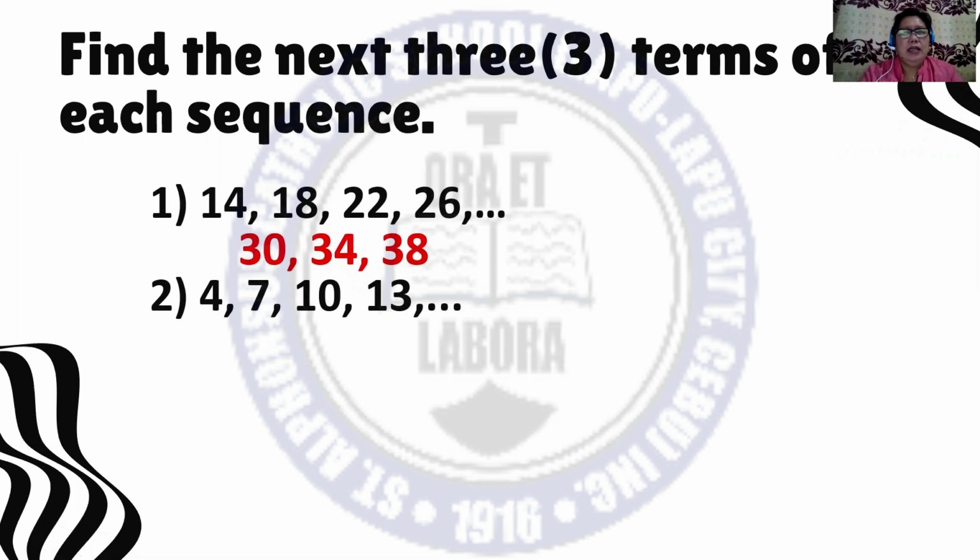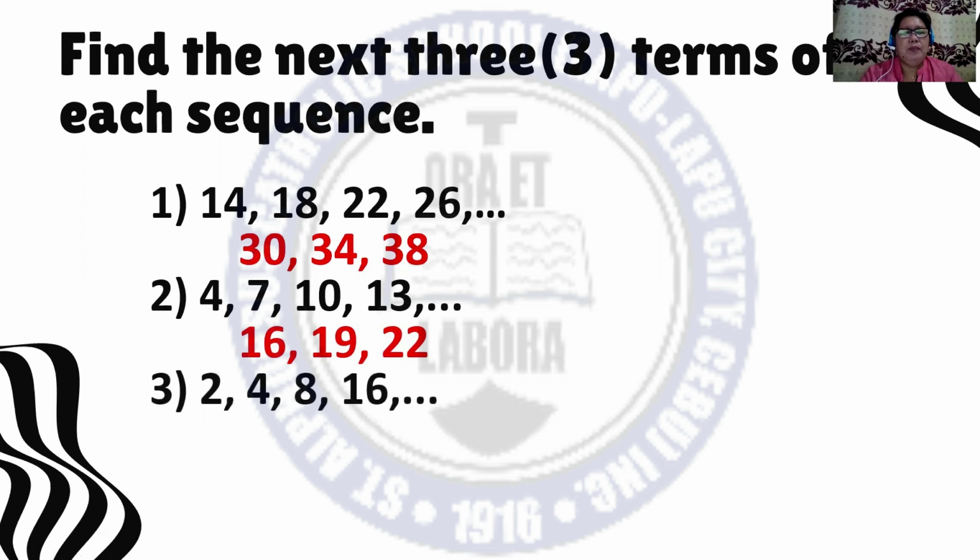What are the next three terms? The answers are 16, 19, and 22. Number 3, 2, 4, 8, and 16. What are the next three terms? Answers are 32, 64, and 128.